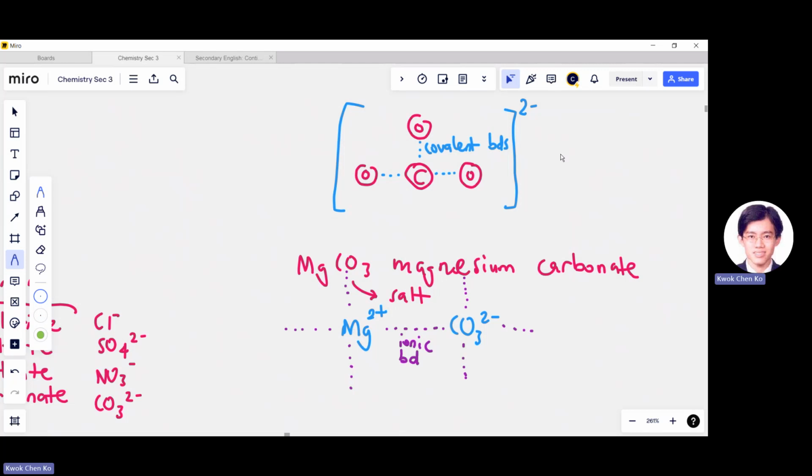So very simple. If you see something like this, magnesium carbonate, make sure you know where the ionic bond is: between cation and anion. That is the ionic bond. But within the anion itself, I have covalent bonds. All right, so magnesium carbonate essentially contains both ionic and covalent bonds. That is the important thing that I want you to know.